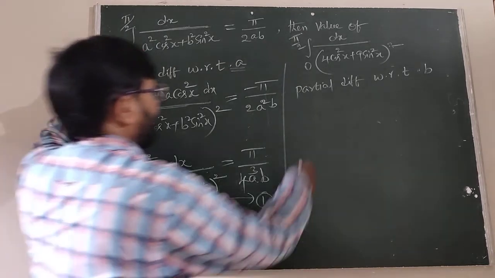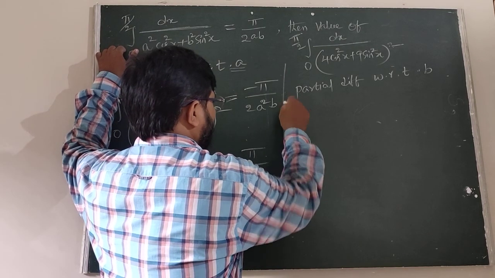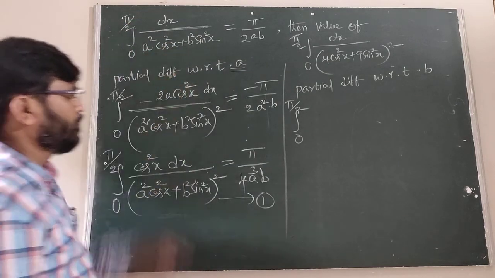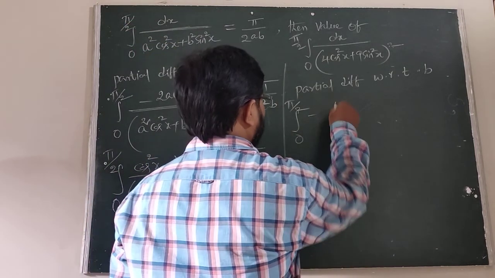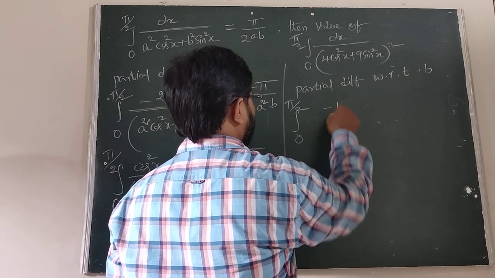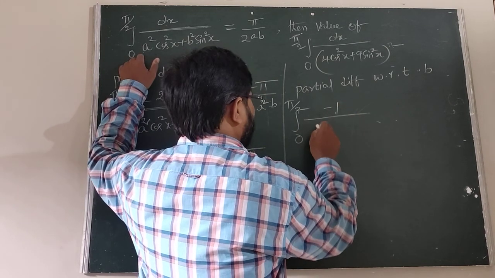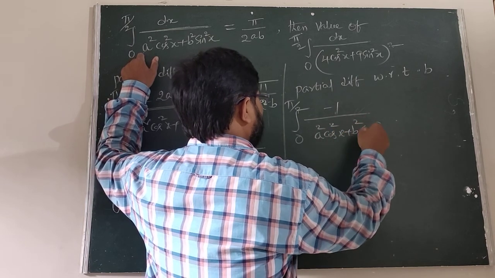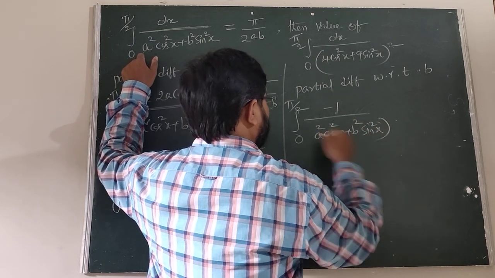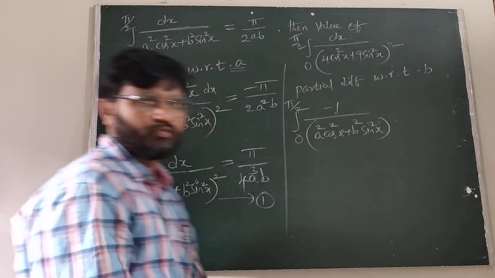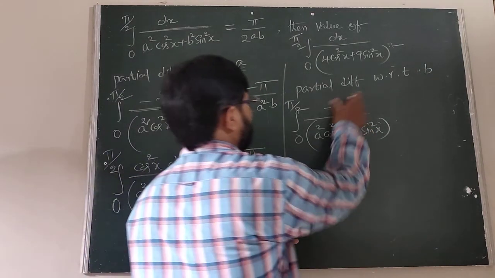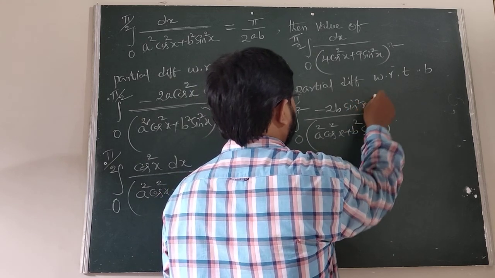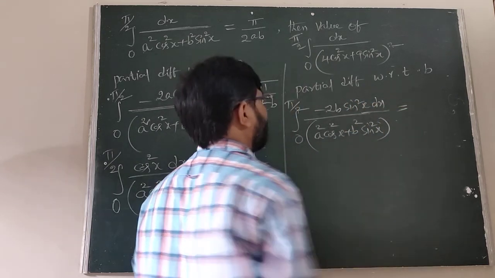That means the integral from 0 to pi by 2, similarly, the derivative of 1 by x is minus 1 by x square, that is minus 1 by (a square cos square x plus b square sin square x) whole square. The derivative of b square is 2b, that is minus 2b sin square x dx.